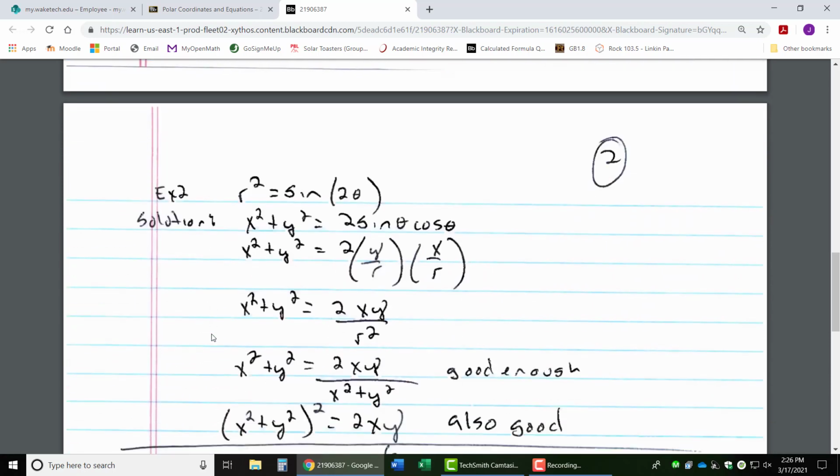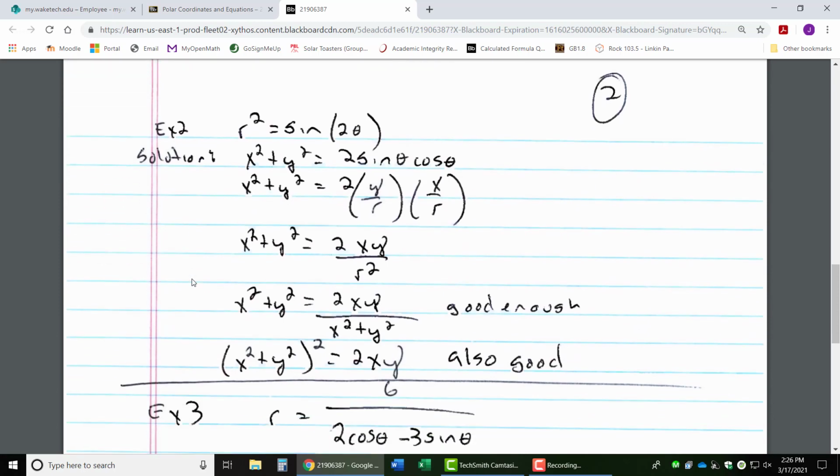Alrighty, the next example. R squared sine 2 theta. Now sine 2 theta is an identity on the formula sheet. So there may be some of those things. So r squared, x squared plus y squared, sine 2 theta, 2 sine theta, cosine theta. And then I make my SOHCAHTOA substitutions right there.